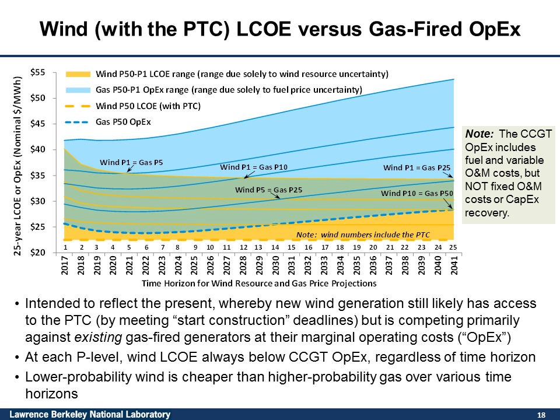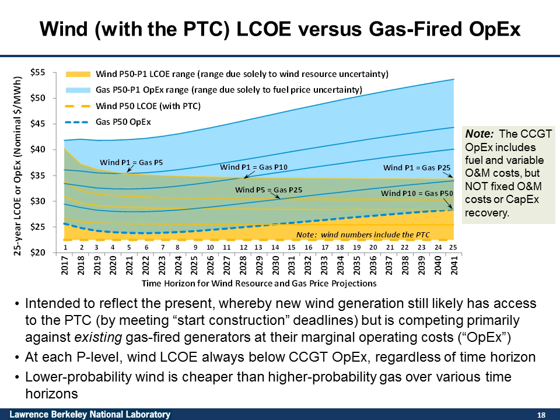Here's a similar comparison, but in this case showing wind with the PTC against just the operating costs of the gas-fired generator. And this particular comparison is intended to reflect today's reality, where you've got new wind projects still benefiting from the PTC, but for the most part they are competing against existing gas-fired generators that are bidding into power markets at their marginal operating costs.